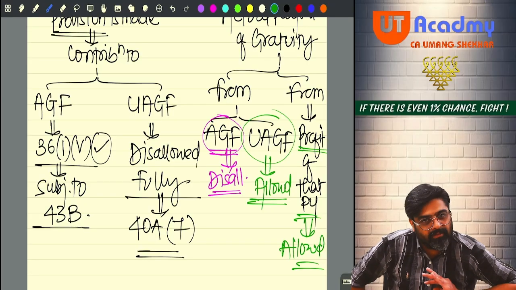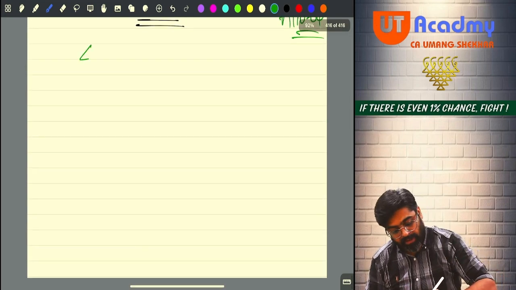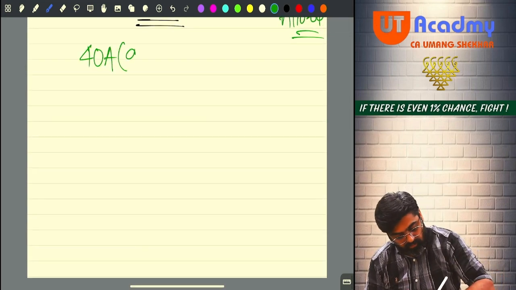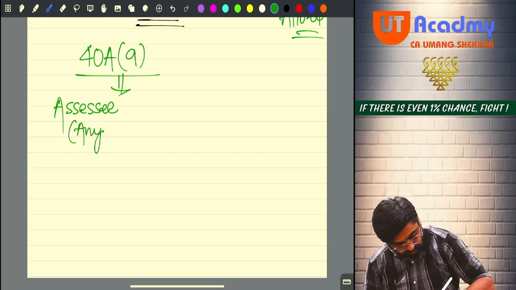40A subsection 7 done. Now we are going to the last part, 40A9. 40A9 says that this is an assessee. He can be any person.